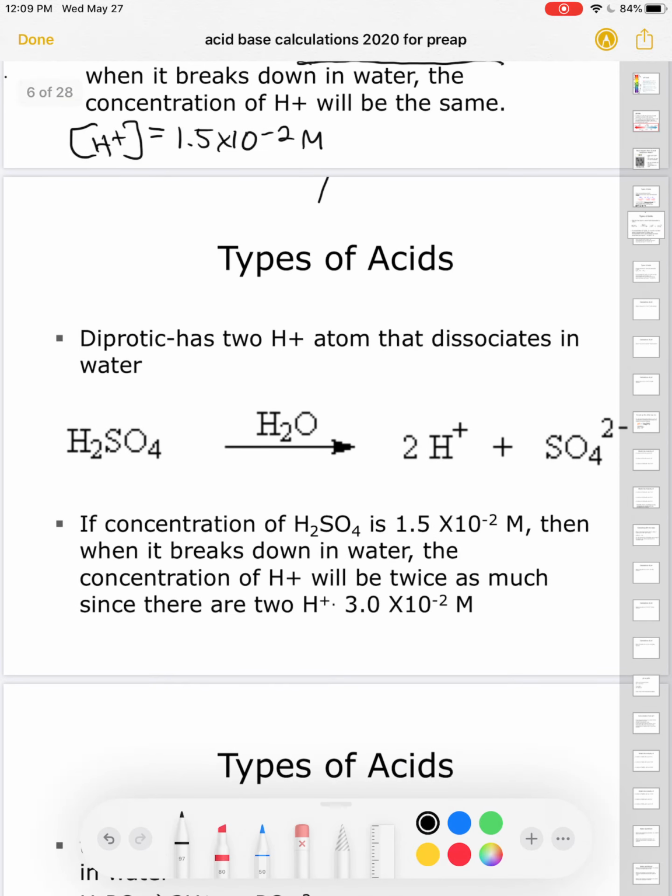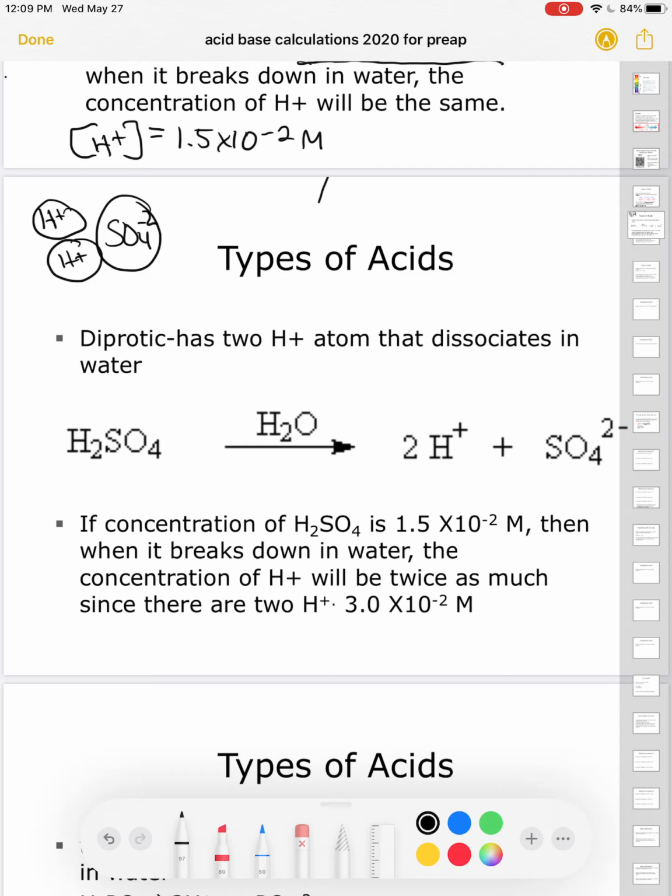If you have a diprotic acid, such as sulfuric acid, I'm just going to draw it here in my amazing drawing style. I have an SO4 with a 2 minus charge. That's what sulfuric acid looks like.